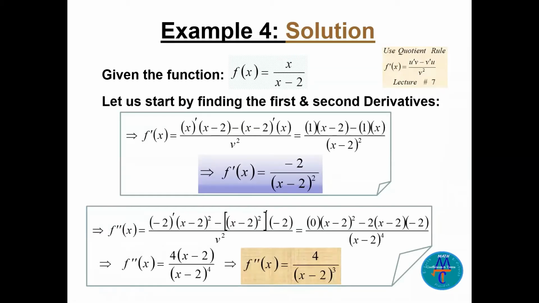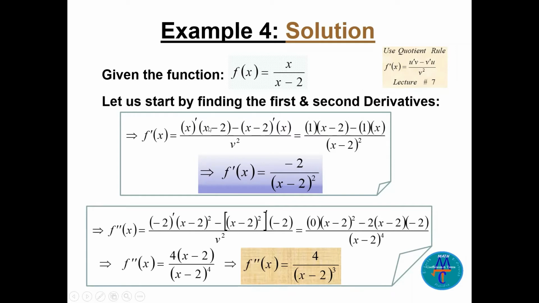Now, usually we start by finding the first and second derivatives of the function that we need to graph. So let's start directly. We look at the function, it will be x over x minus 2, so we can use the quotient rule here: u prime v minus v prime u divided by v squared. This is from lecture number 7.